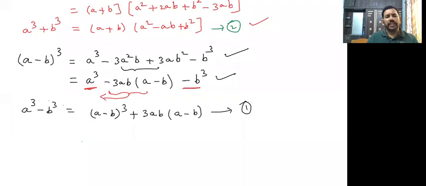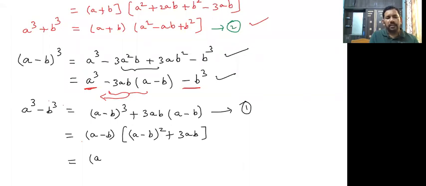Okay. So by using this, we can create another formula. Tell me, in both the terms, take (a − b) common. The remaining is (a − b)² + 3ab. Expand (a − b)² and calculate. Finally, you will get (a − b)(a² + ab + b²).